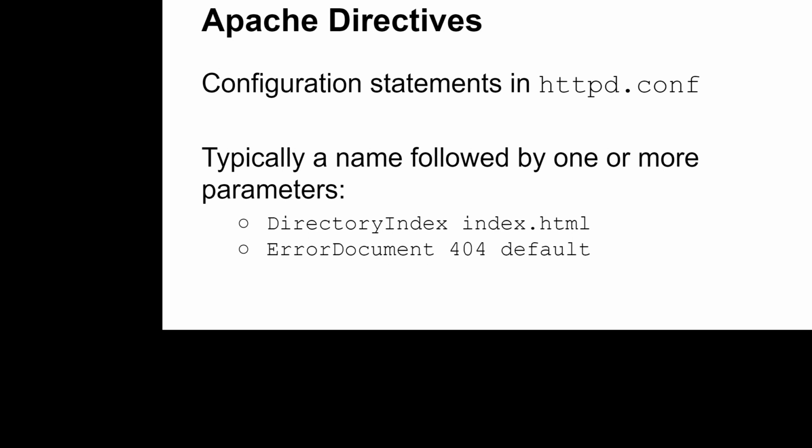Notice that there are two parameters there. There's the ErrorDocument command, or configuration statement, or the directive as we call it, followed by 404. Notice the spacing, that this means this is one particular configuration that we're looking at. And then default basically in this case says use the default 404 statement for Apache's configuration.